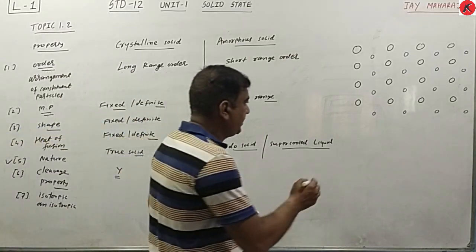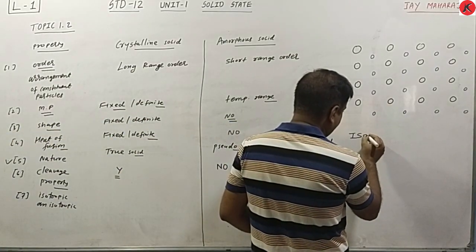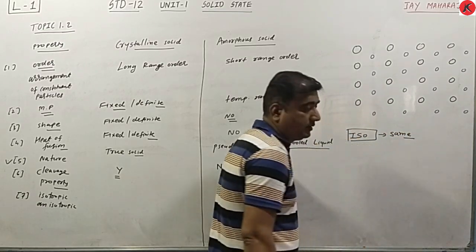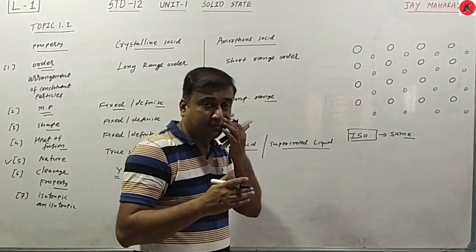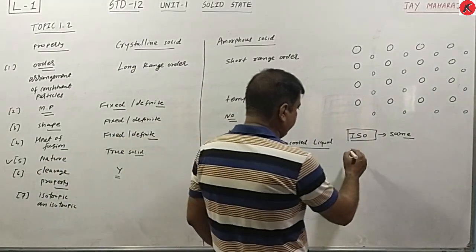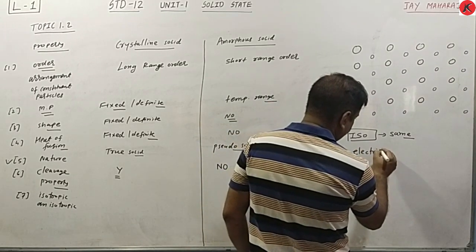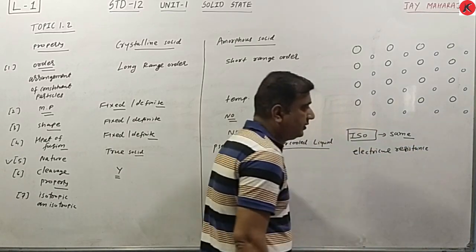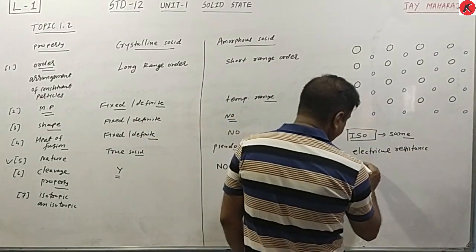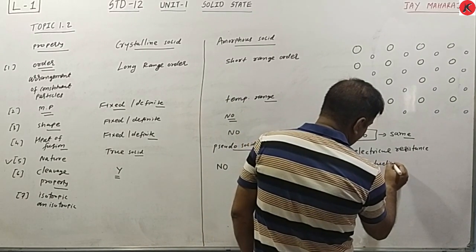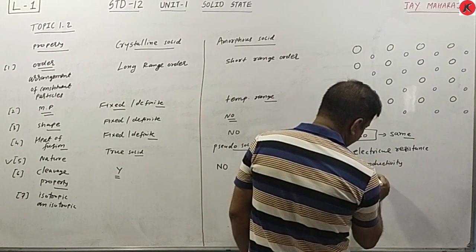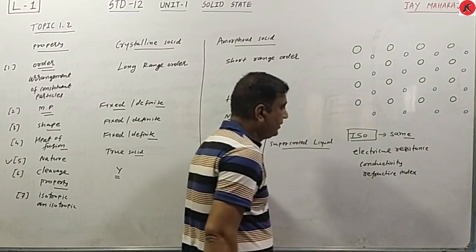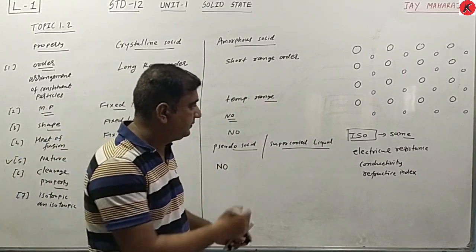That means iso means same nature. Certain physical properties like electrical resistance, conductivity, otherwise refractive index, these types of properties are studied.